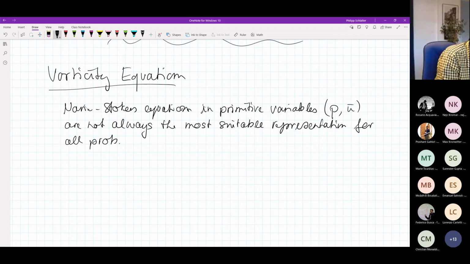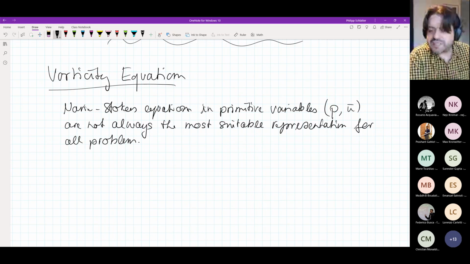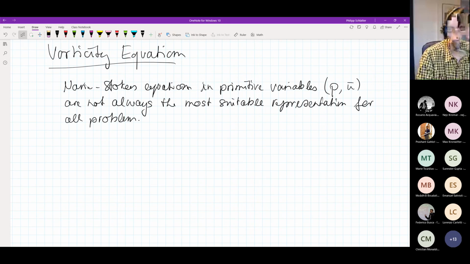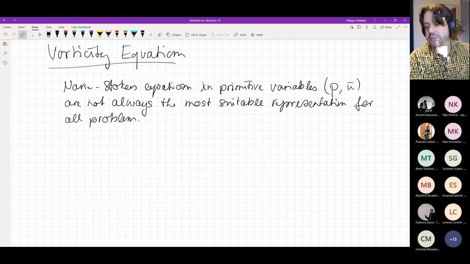So not always we want to do that directly in the primitive variables. There's actually a lot of physics you can also learn from that. So therefore, the idea is to now define a new set of governing equations which may be useful at times.